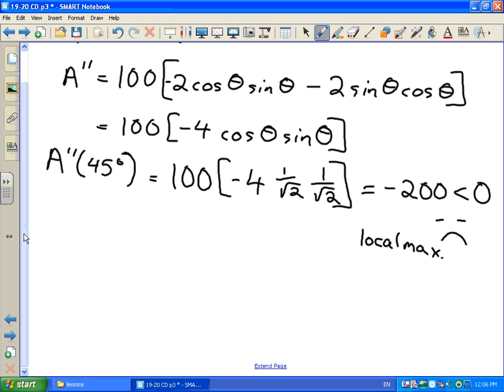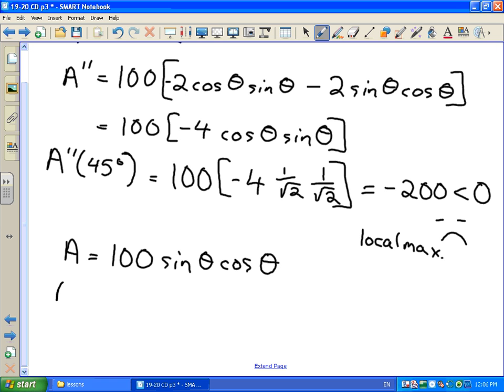We go back to the original question and ask, what was this question asking us for? It was the maximum area. So we have to go back and find the area. Our expression for the area was 100 sine theta cos theta.